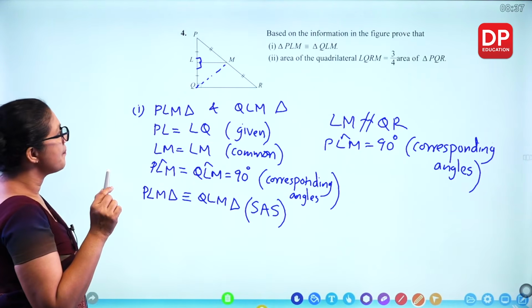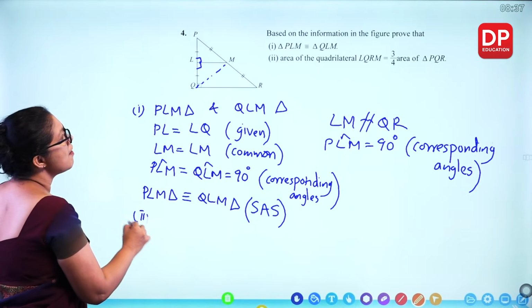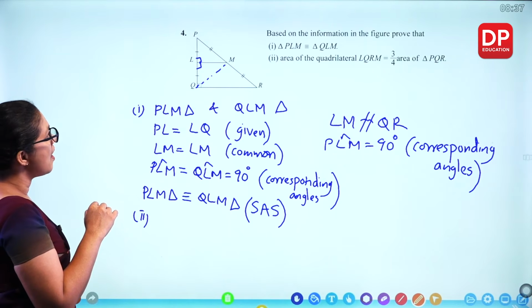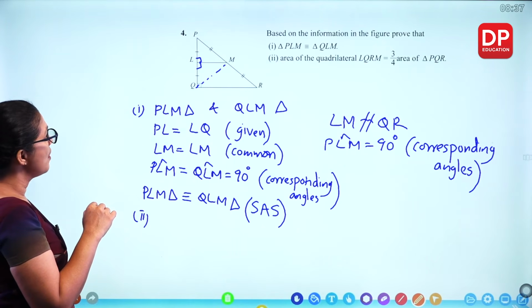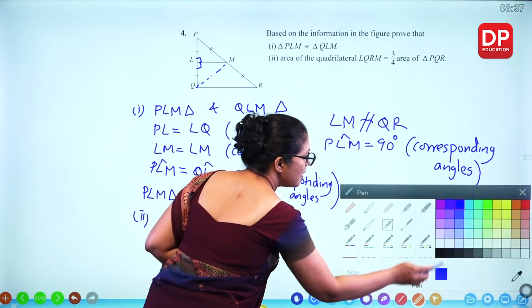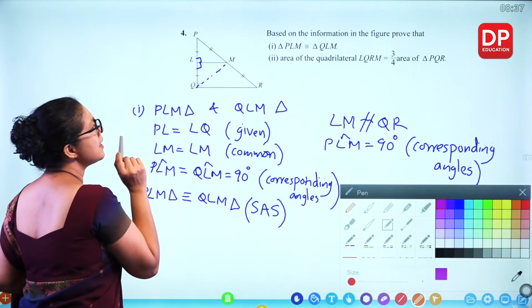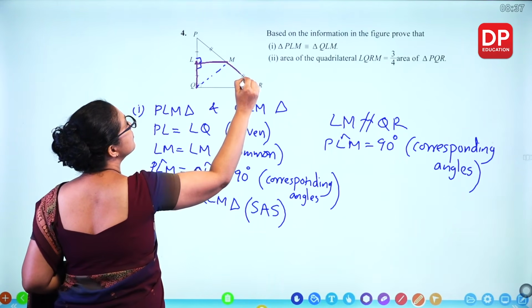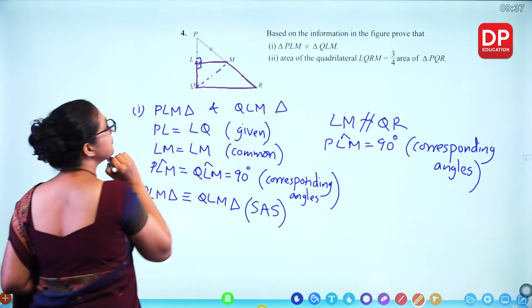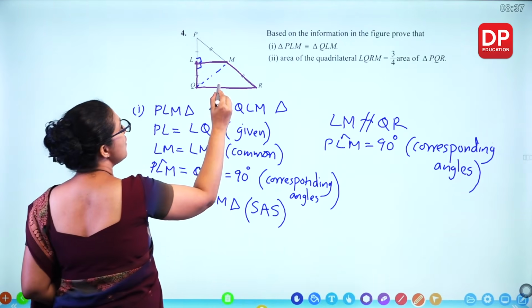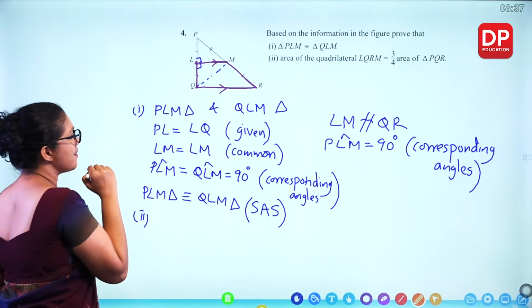That's the first part. And the second part, it says area of the quadrilateral LQRM is 3/4 of PQR. So the area. Now we'll take that quadrilateral LQRM. This one. What's the shape? That's a trapezium because we know that these two lengths are parallel.